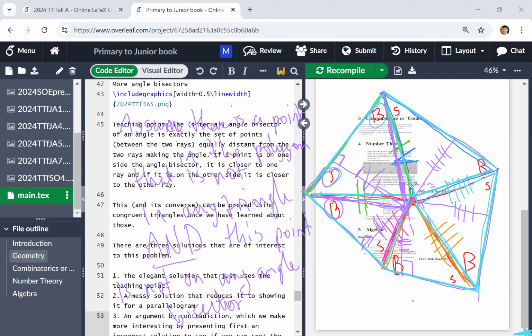It doesn't have a smallest distance to any of the sides, or a biggest distance. It doesn't even have a distance. Well, it has to have a distance, but like it's contradictory. Does that make sense?